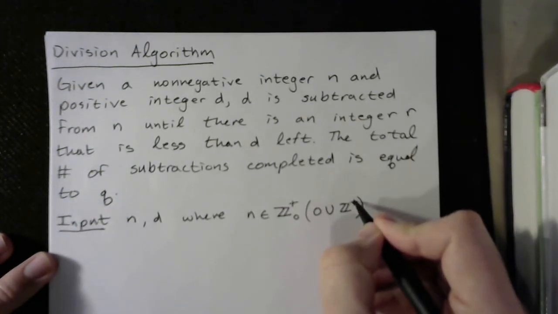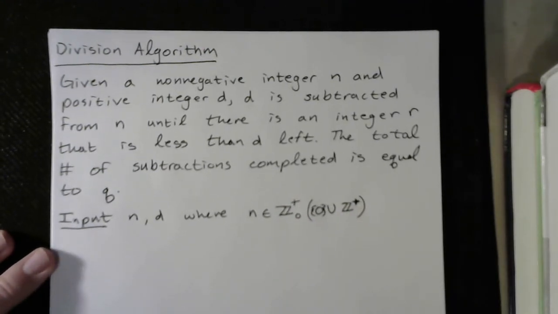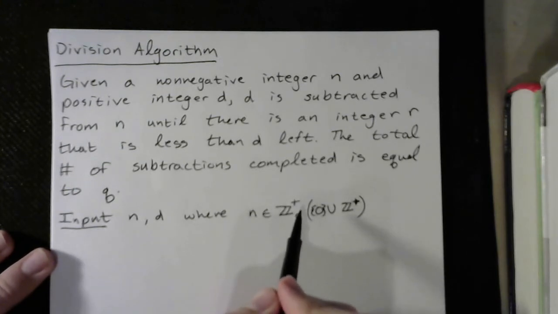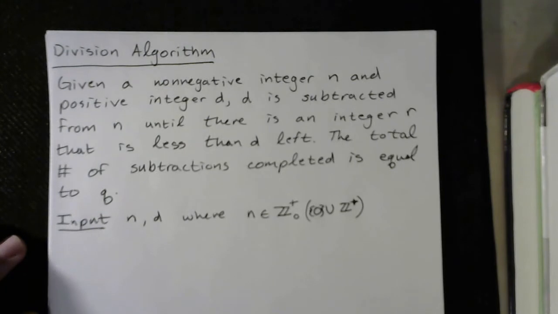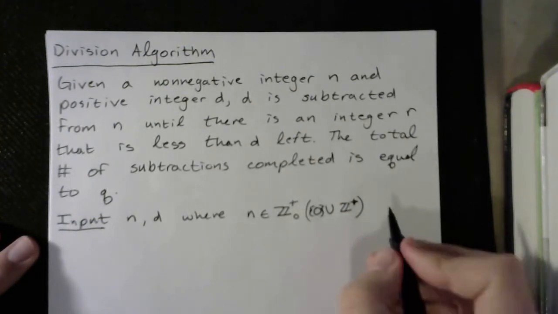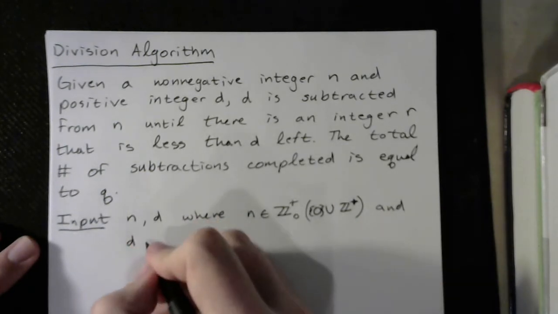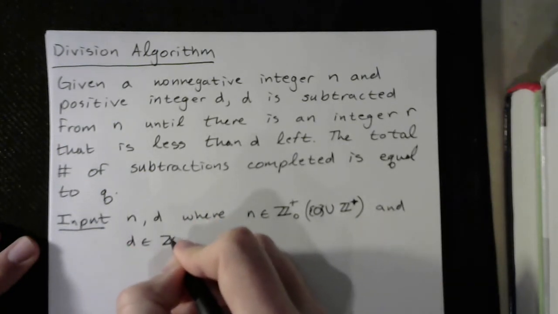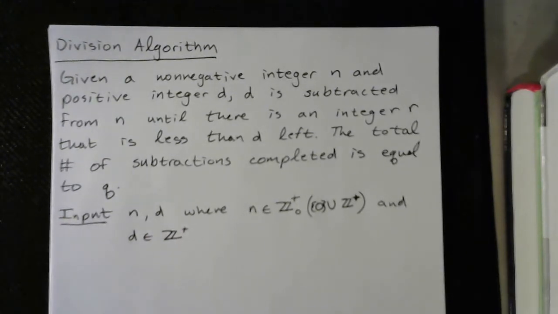Oops, that should be a plus, not 0. This would be the singleton set, and so I'm just unioning those two things. Now, I don't know how widely used this notation is. I've seen it before with the 0 here, so I'm going to use it here just because it's a little bit easier. So this is the positive integers with 0 attached to it. And d is just in the positive integers, Z plus. So those are our inputs.